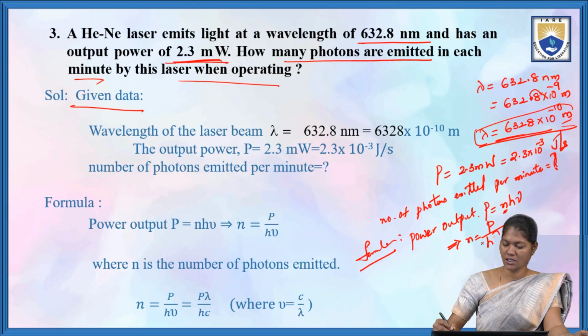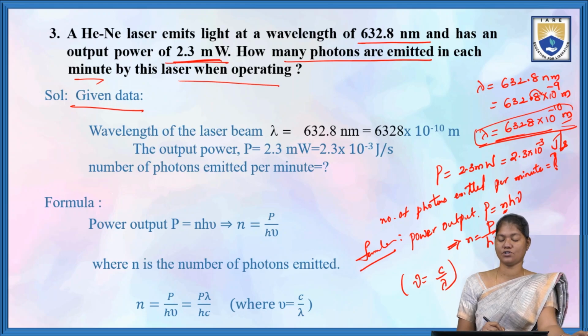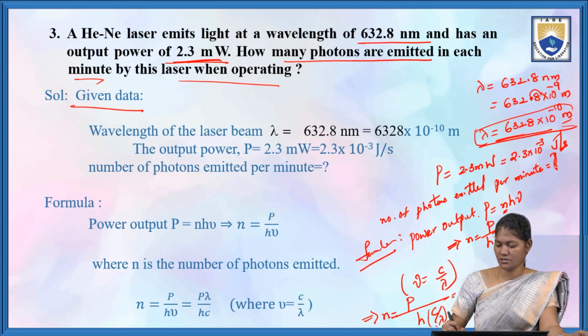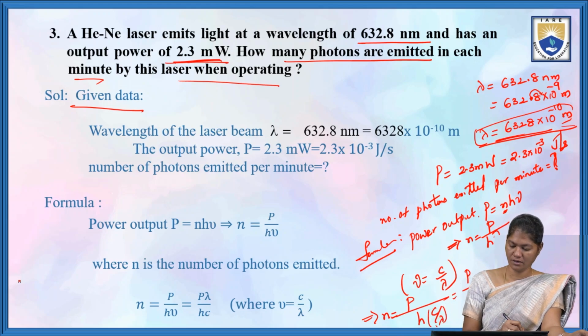But frequency nu is equal to c by lambda. Then the number of photons N is equal to P by h c by lambda, which can be written as N is equal to P lambda by hc.